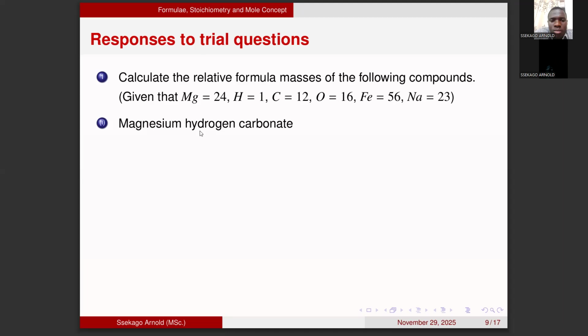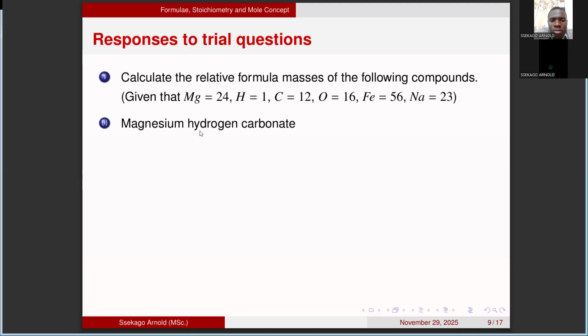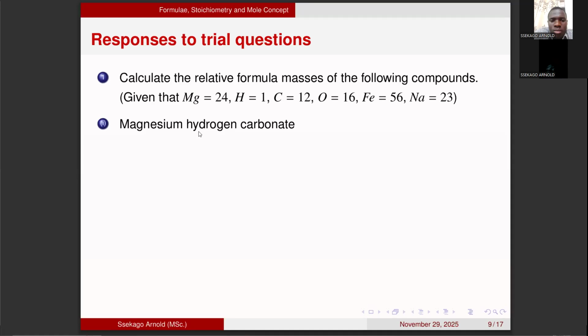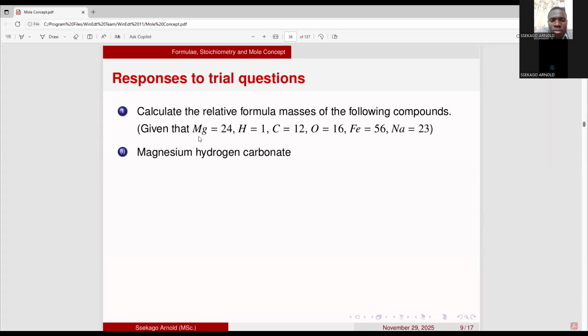Now, to calculate the RFM of magnesium hydrogen carbonate, you need to know what its formula is. Within magnesium hydrogen carbonate, we have a metal magnesium and a radical hydrogen carbonate.